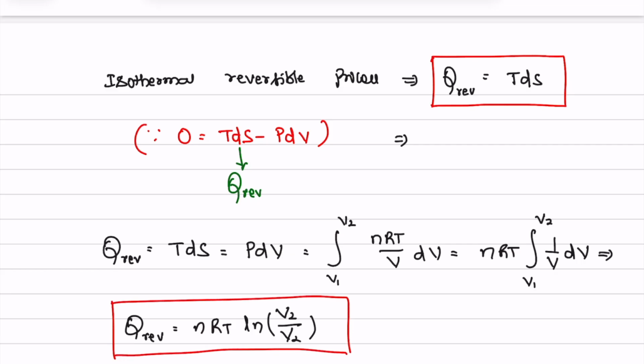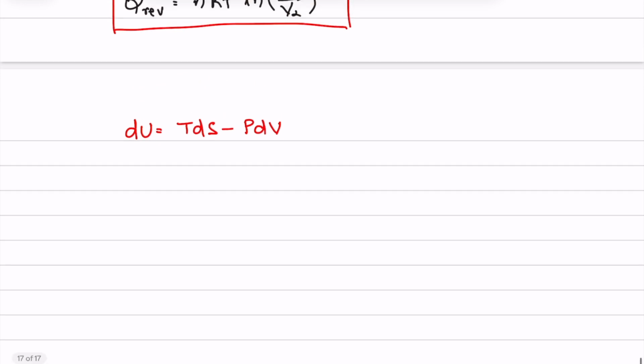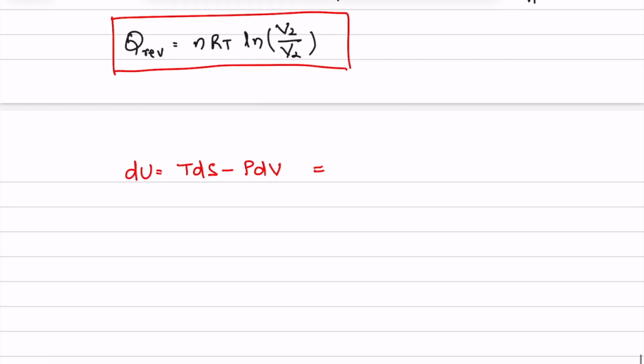So from the equation dU is equal to TdS minus PdV, in the isothermal process, because internal energy change is 0, 0 is equal to TdS minus PdV.